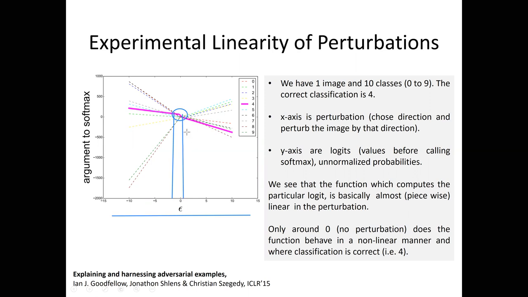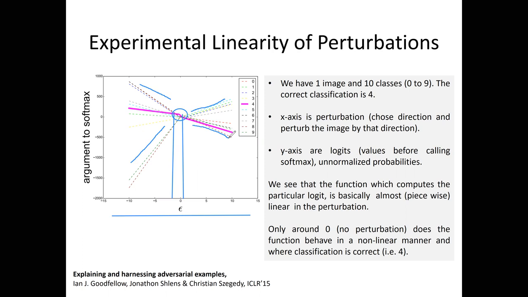What we see here is that the image gets classified correctly, but there is some non-linearity going on in this region, and only when there is non-linearity is when the classification happens correctly. In all the other places where there is linearity, like over here in this part of the plane, and then over here, the classification is incorrect.